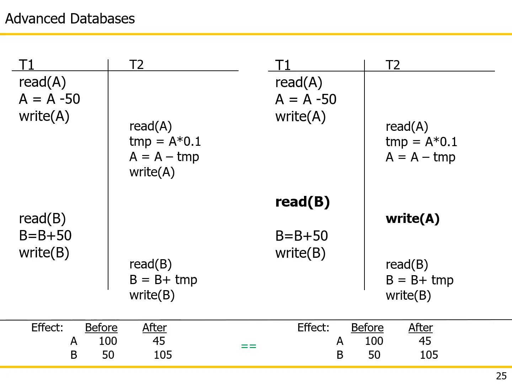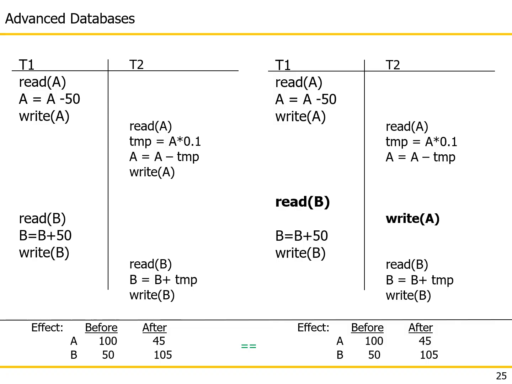Now, the reason why they are really nice and behaving as expected is that the instance of time where the context switch happened back and forth between T1 and T2 did not cause us any problems. For example, if you look at the right-hand side, we were working with A in T2 by figuring out what's 10% of A, and then a context switch happened. But what we were doing next was reading B, which is completely unrelated to what we were doing in T2.